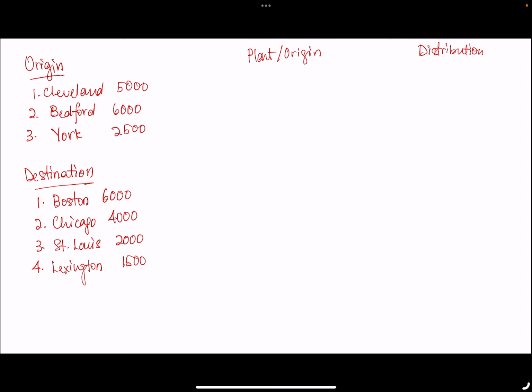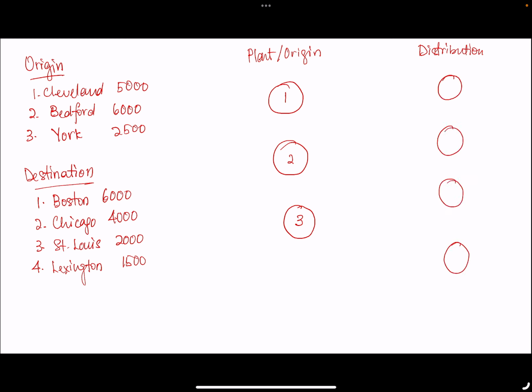We have 3 origins, so we represent our plants in circles: 1 Cleveland, 2 Bedford, and 3 York. We have 4 distribution centers, 4 destinations: 1, 2, 3, 4.